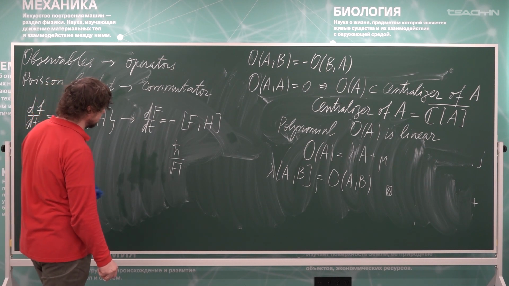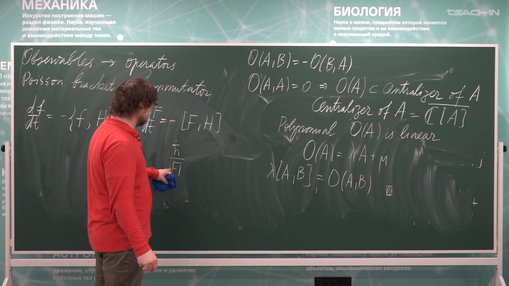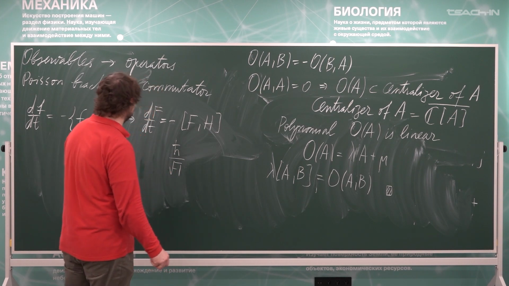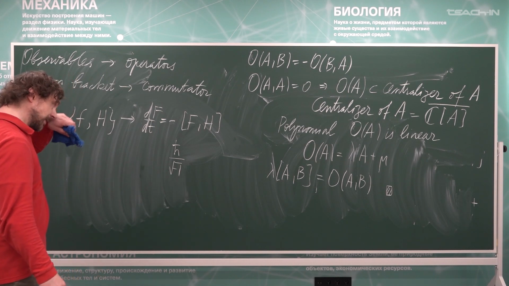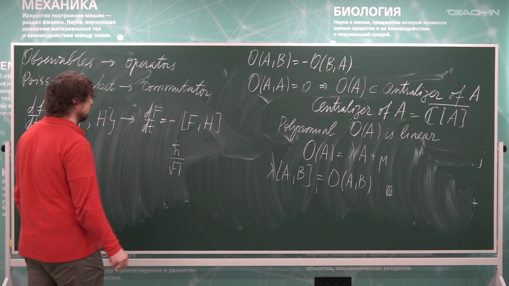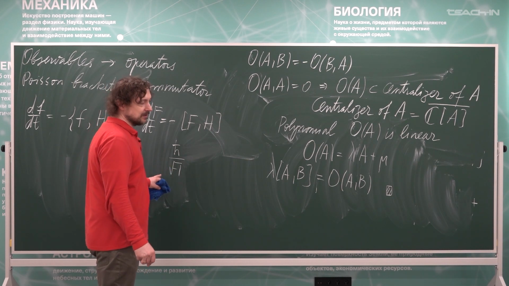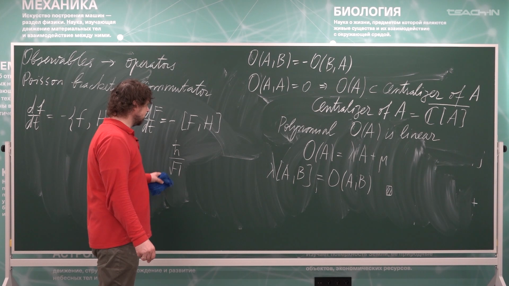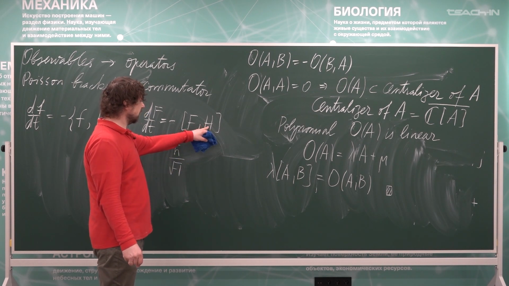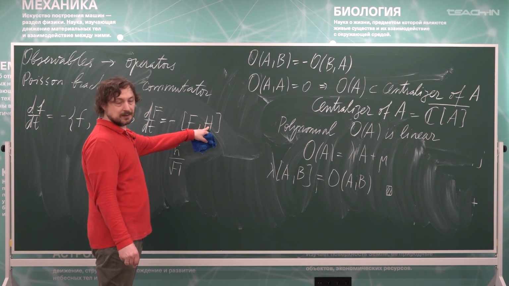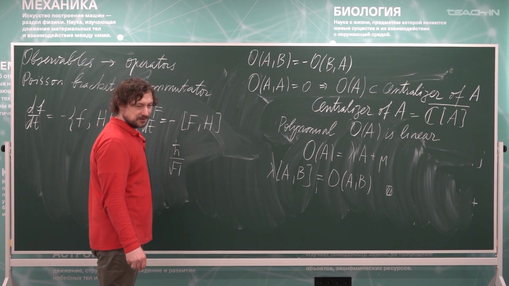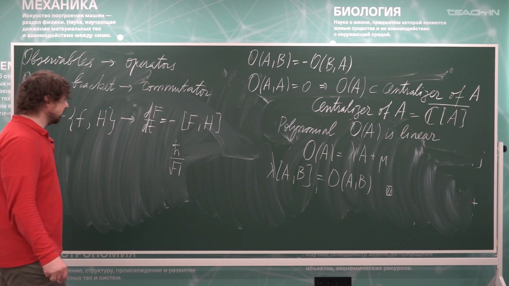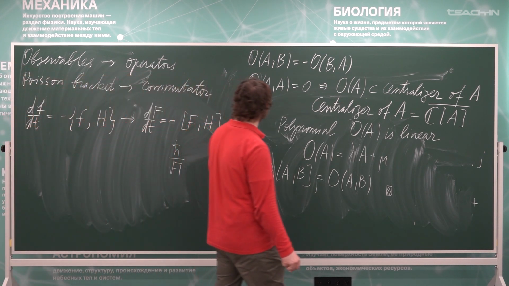I'll definitely omit h bar, and I'll probably always omit square root of minus 1 in my lectures. Although I don't know, sometimes I'll probably restore them, but in mathematics they're not important. You can say that in mathematics we assume that square root of minus 1 is either absorbed by h bar or that it is equal to 1. It's a bit awkward, but it's the case.